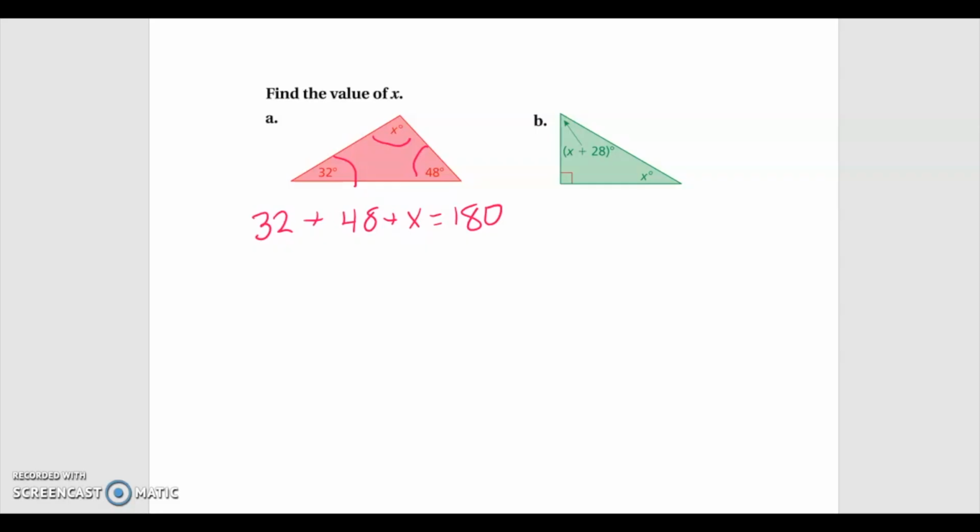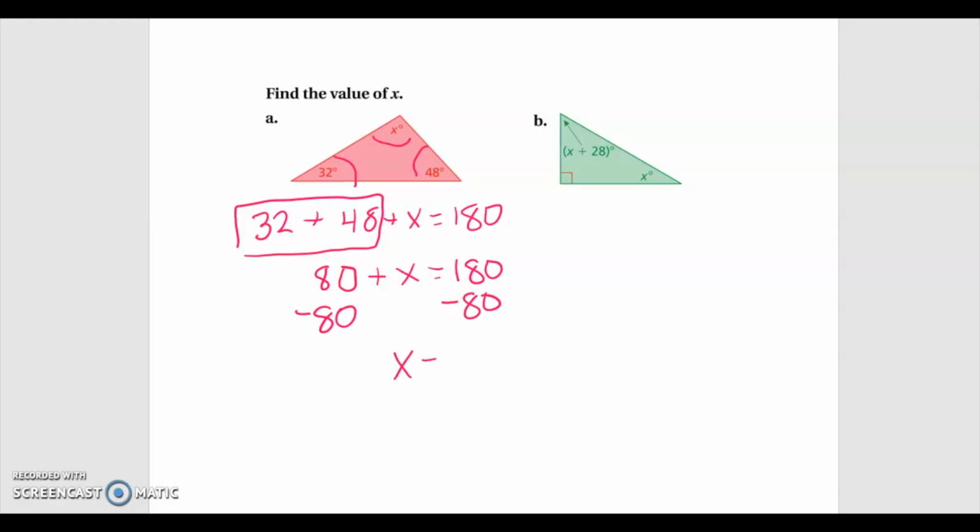So all we need to do is add the two angles that we do know. 48 plus 32 gives us 80, plus our unknown angle equals 180. So now to solve for our unknown, we subtract 80 from both sides, and we can see that our missing angle is 100 degrees.